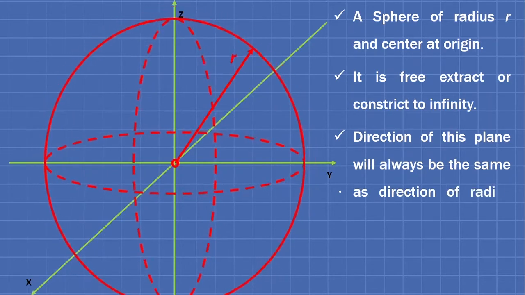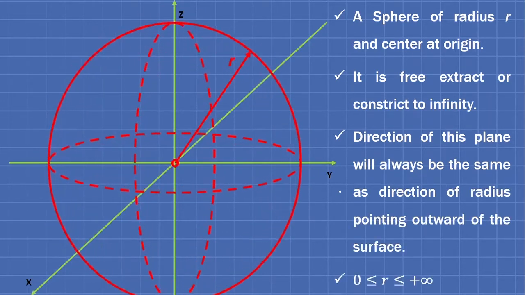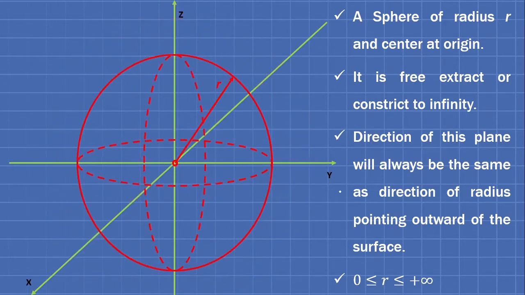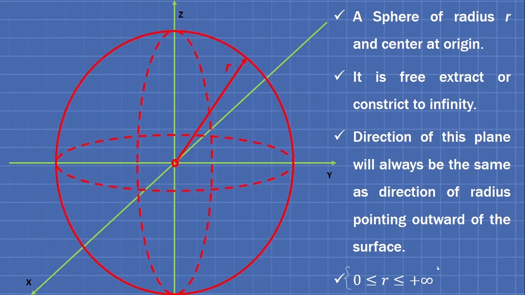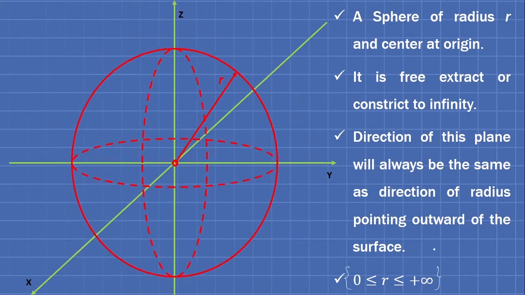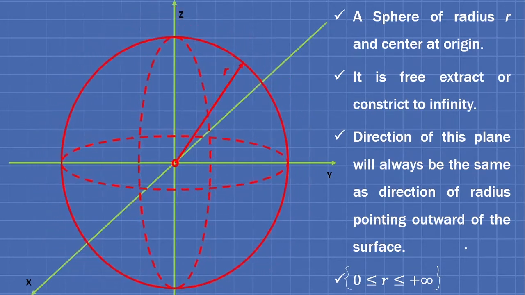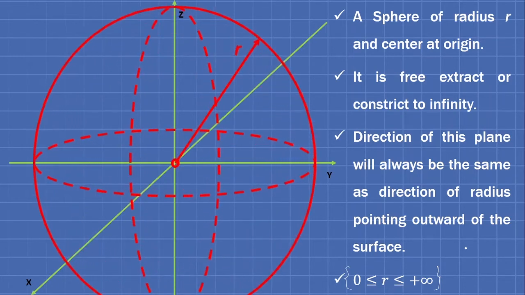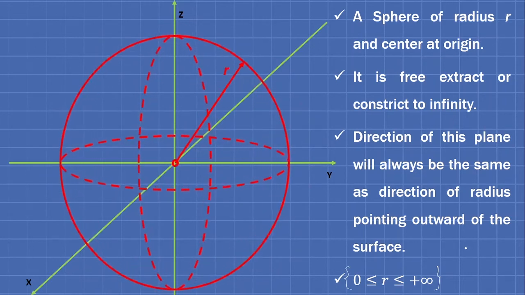The direction of this surface will always be the same as the direction of the radius pointing outwards of the surface. And hence we can define the range of the radius as 0 to plus infinity. So this is our first surface of interest, which has a hollow spherical shape, and that is the only reason this coordinate system is named the spherical coordinate system.